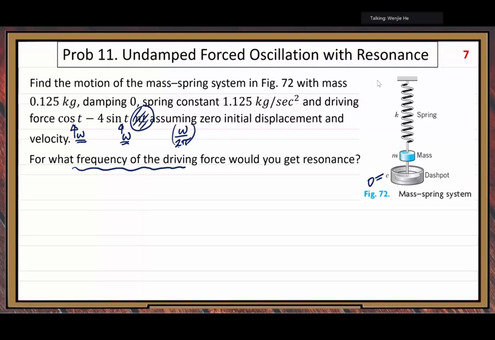So we want to find for what frequency of the driving force you would get a resonance problem. So we want to study that. There should be some appropriate omega there.